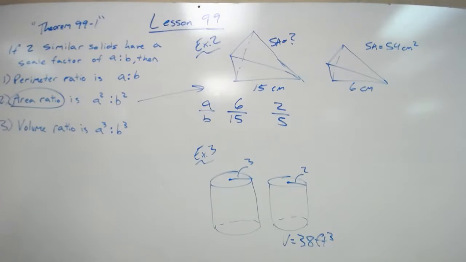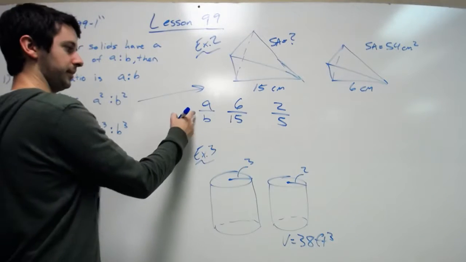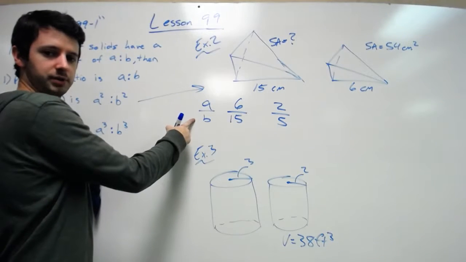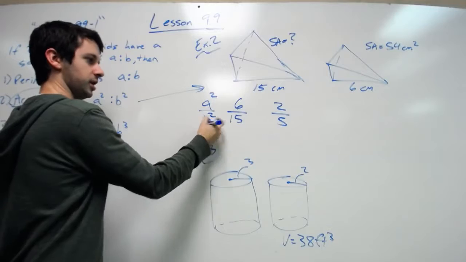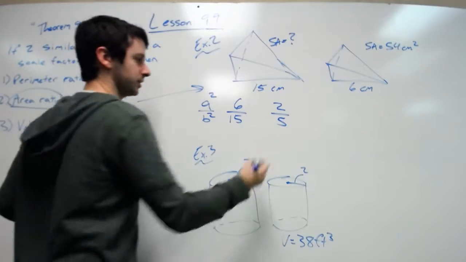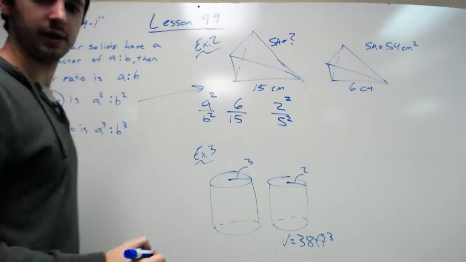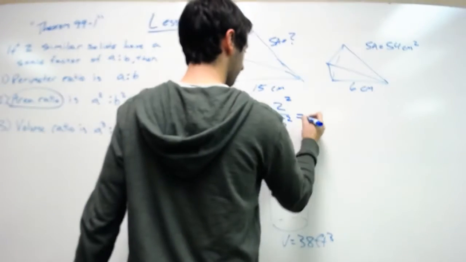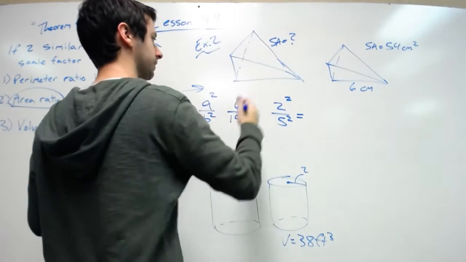Now what we already know is that since we're doing area, I'm not just going to keep my ratio A to B. I'm going to square each one. So in my 2 to 5 ratio, I'm going to need to square each number. Now, since we're solving for the surface area, I'm going to remove this 15 for a second.